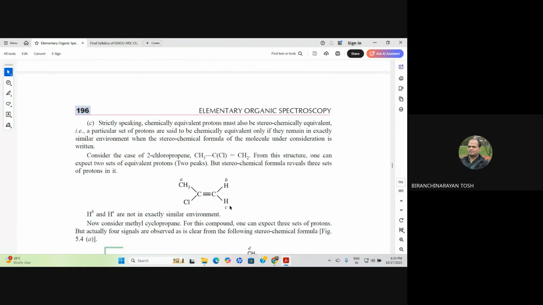So these two protons will give two signals. Because hydrogen B and hydrogen C are not in exactly similar environment, two signals for these, and for these three protons one signal, so we'll get three signals.